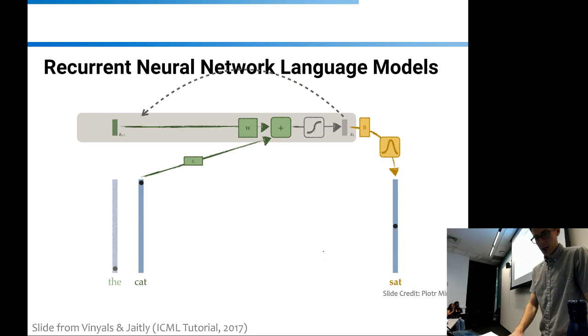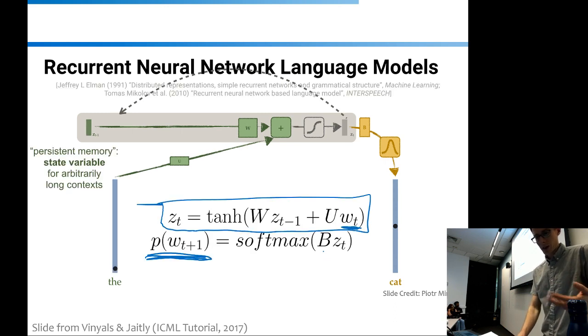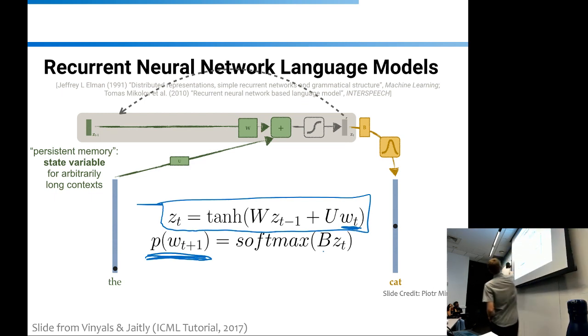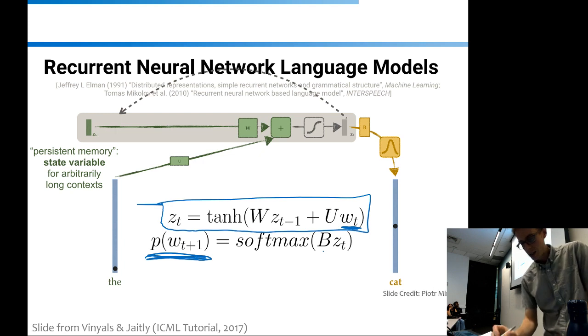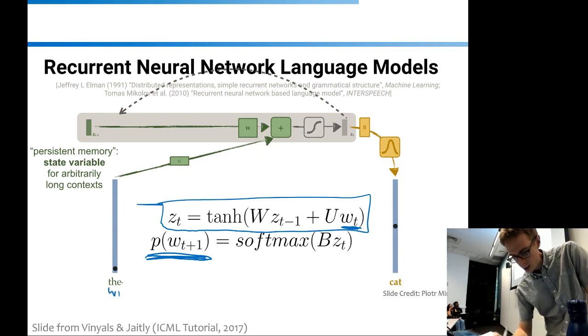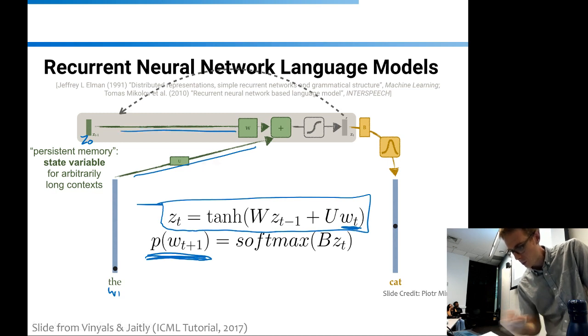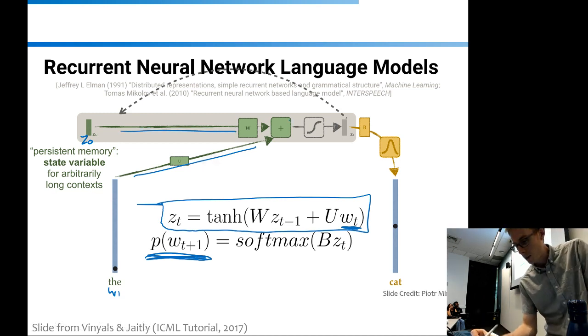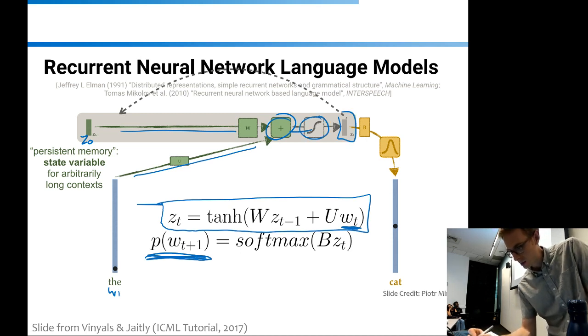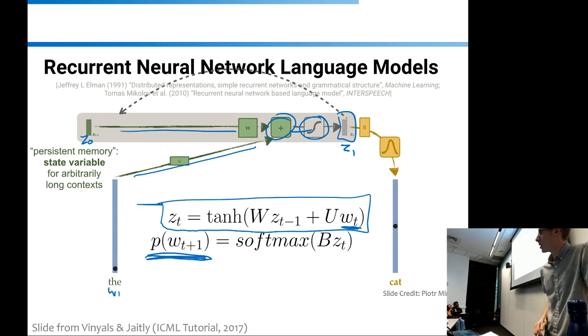So what we do then is we start with some input word, w1, and some initial state vector, say z0, and we multiply w1 with U and z0 with W. We add them up, we pass them through that tanh, and that gives us z1.